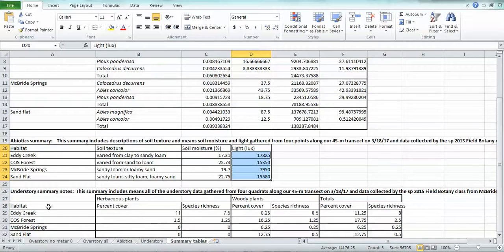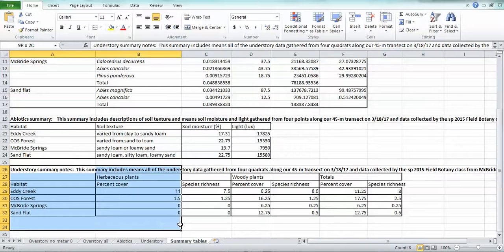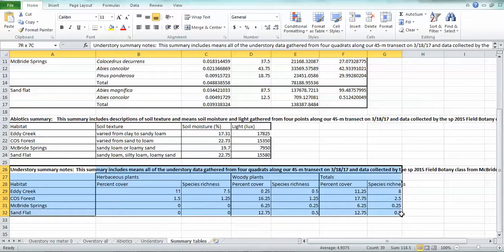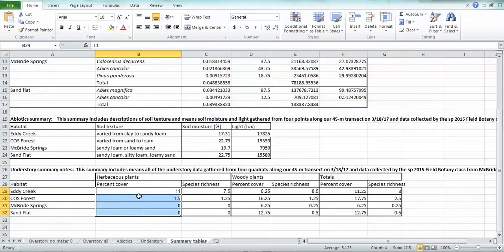And then finally, the last summary table here summarizes what we saw in the understory at Eddy Creek, the COS Forest, and then what my 2015 class saw at McBride Springs and at Sand Flat. So these are averages of your percent cover estimates of herbaceous plants. We did 4 plots, 4 1 by 1 meter plots along the transect, and these are the averages of those 4 plots.